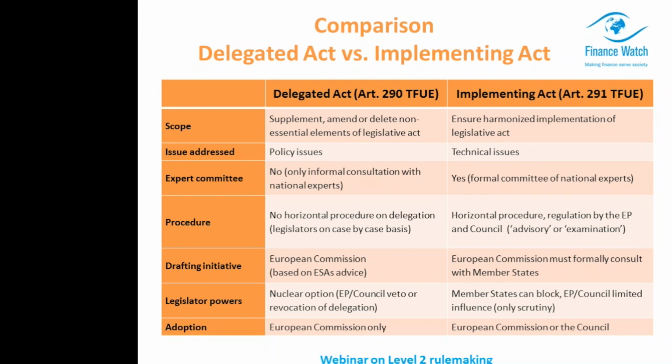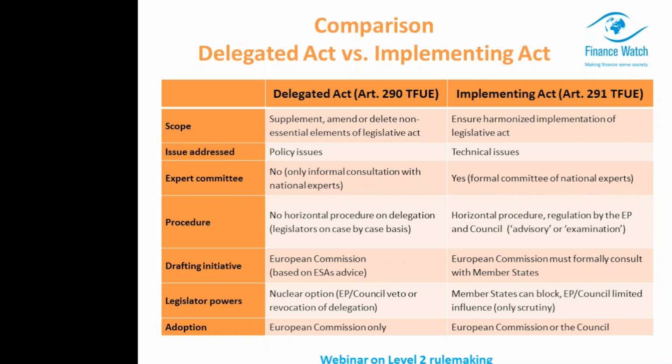The main difference is that only the Commission can adopt the delegated act, while in certain, very justified cases, for the implementing act it is the Council that can also adopt the act. It's a question of whether that is good or not, and what the rationale was. Some people claim that because the harmonization is applicable to the member states, and harmonized implementation is important, the Council should have the last word.